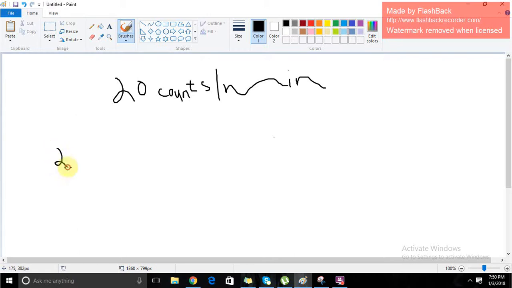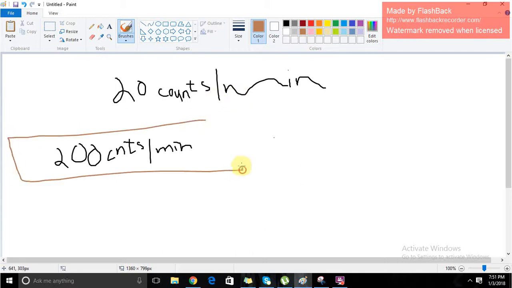So we actually have 200 counts per minute happening. Alright, and the sample contains this many undecayed nuclei.